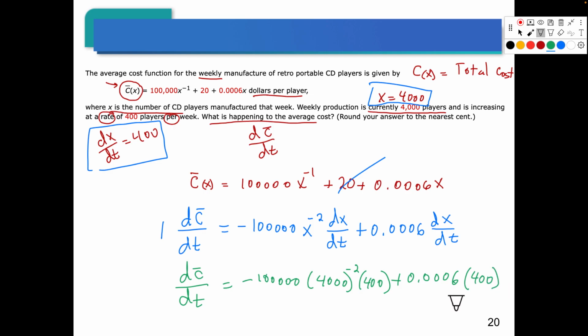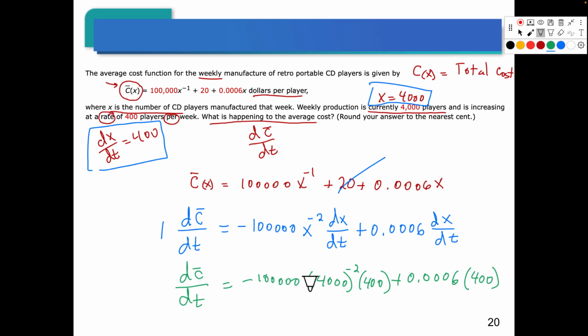So it's cool. Now it's just all arithmetic, nothing to solve. 4,000 squared is going to be a fairly large number anyway, so I'll do this in two pieces.